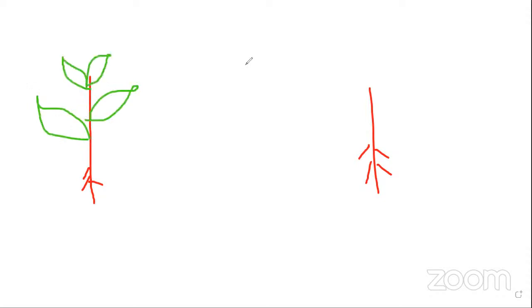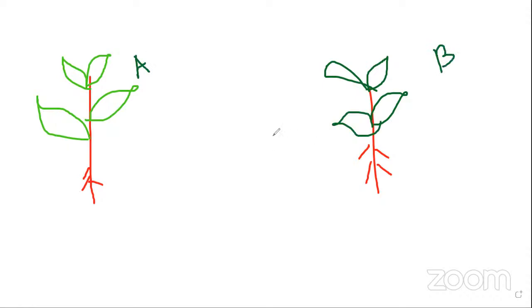Here I have given different colors so that it will be better for your understanding. This one is called the A sample or plant, the A strain, and this one is called B. Each one has a specific cell structure, which we already saw.